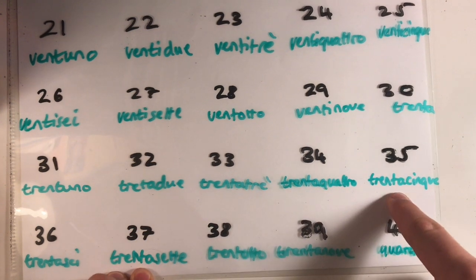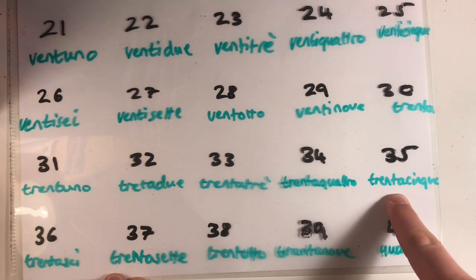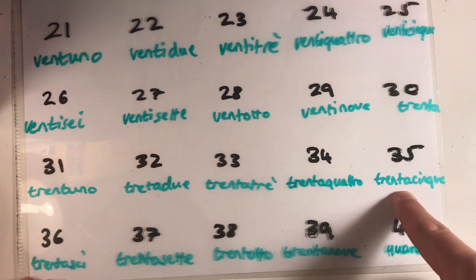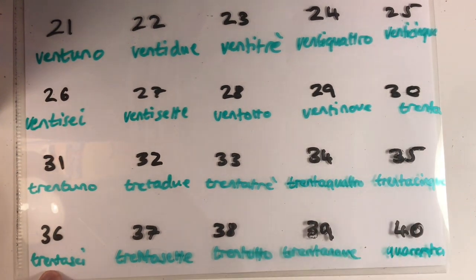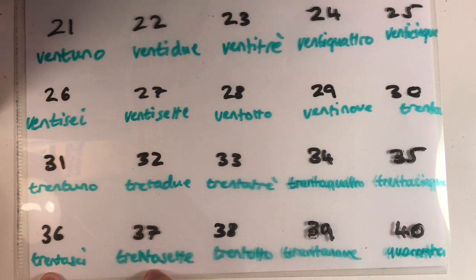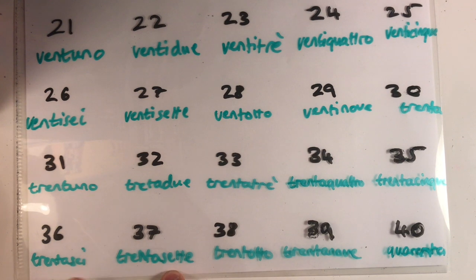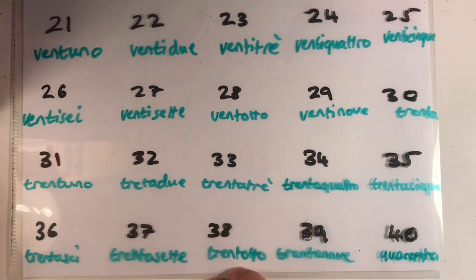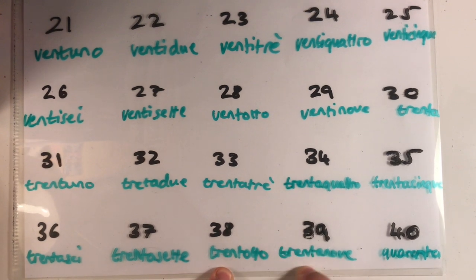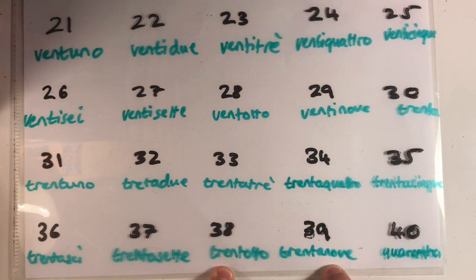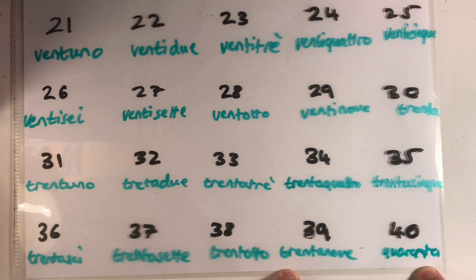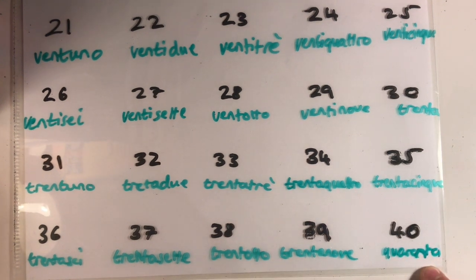Number 35 is 35. Number 36 is 36. Number 37 is 37. Number 38 is 38. Number 39, and finally, number 40 is 40.